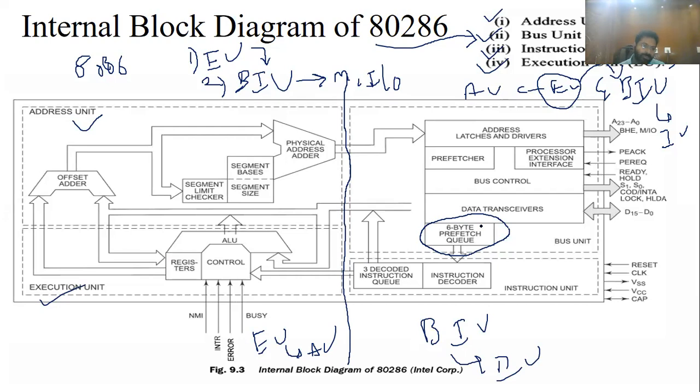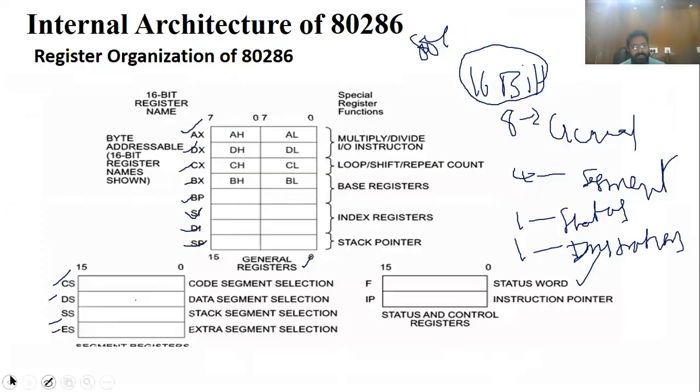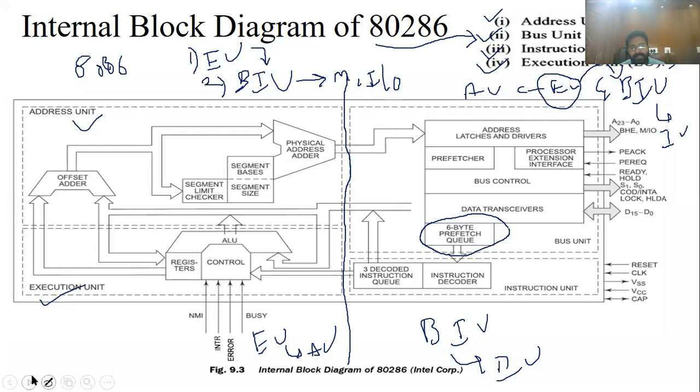Okay, so now the question here is the memory sizes as well as the address size. What is the memory size of this 80286? Now see this, 80286. What is the memory size? 2 power 24.